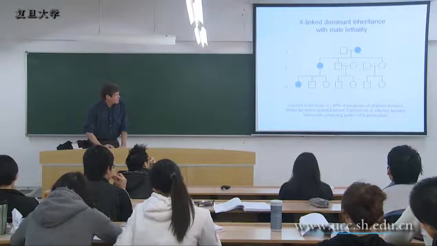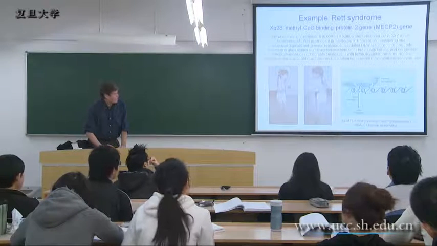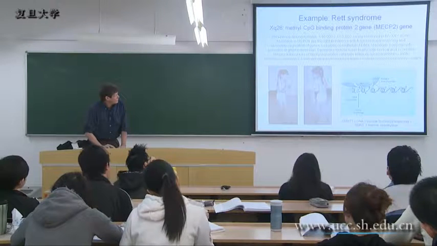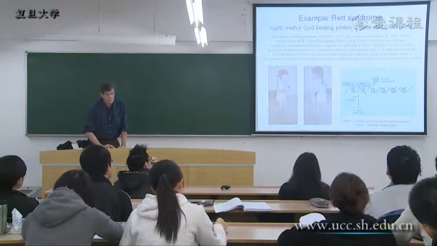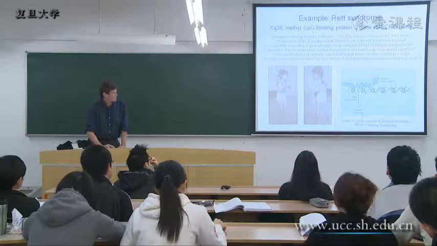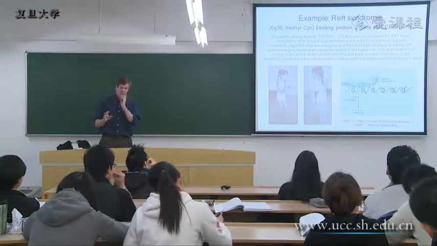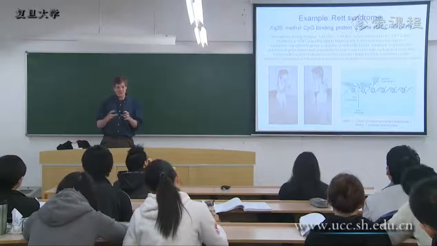Okay. And a good example of this is something called Rett syndrome. Rett syndrome is a mutation in a protein that binds to the methylated CpG residues that we talked about last time. And if you remember from last lecture, methylation of the DNA is most often associated with the silencing of genes.